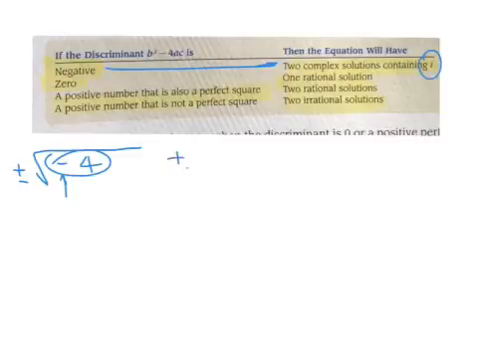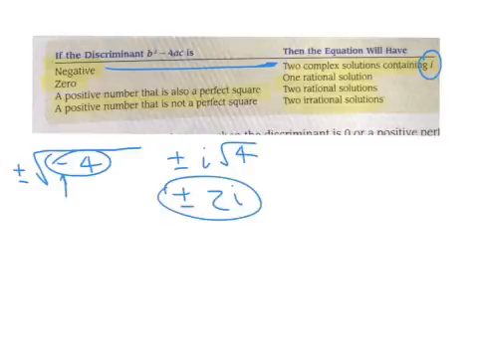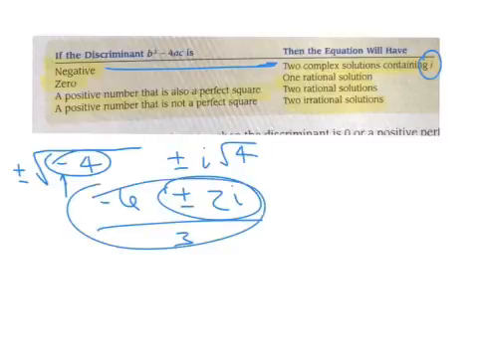So this is going to be plus or minus, pull out the i, square root of 4, or plus or minus 2i is part of my answer. So I might get, maybe, my negative b part of the quadratic formula, maybe this is negative 6 plus or minus 2i over 3. And that would be my answer. So my answer is two complex solutions that contain i.